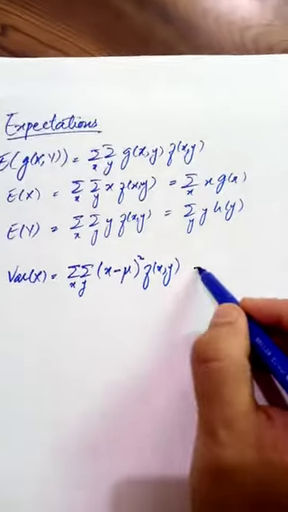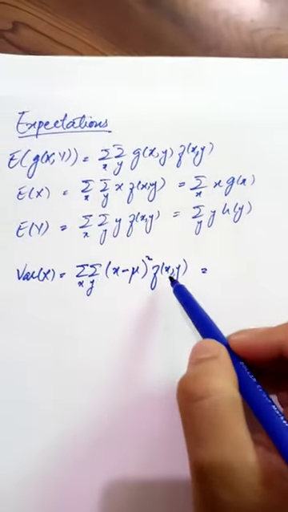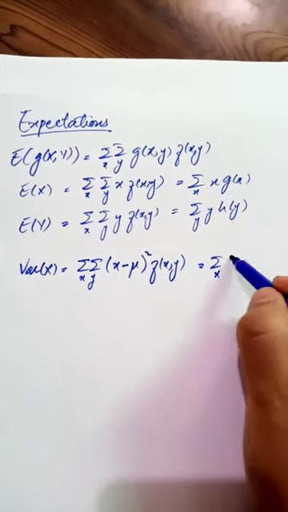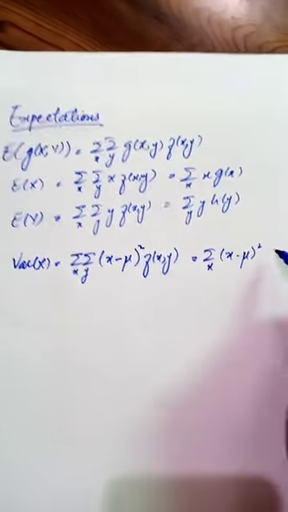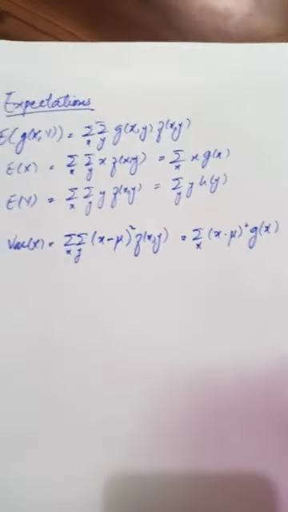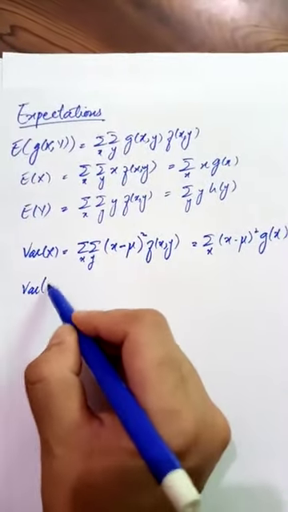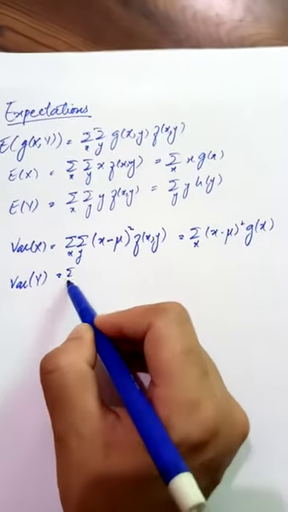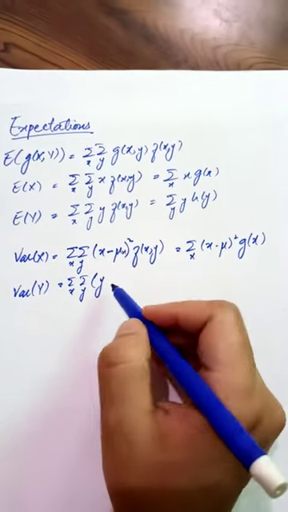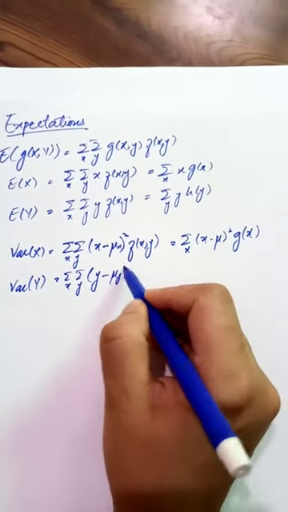So we can simplify it: if we are using the marginal density, we can write it as summation of (x minus mu) square into g of x. So it's simple, as we have practiced before. If we want to calculate the variance of y, it would again be a summation over x and a summation over y of (y minus mu of y) square into f of xy.